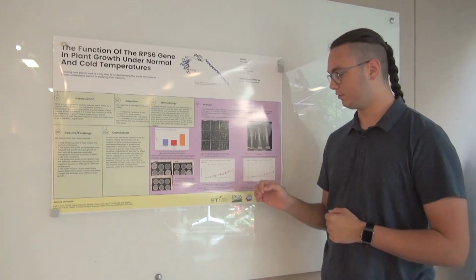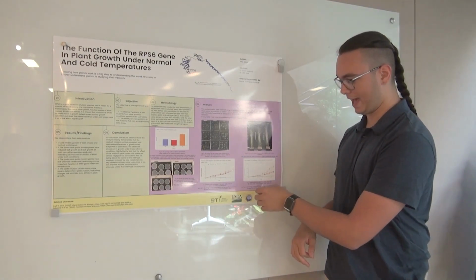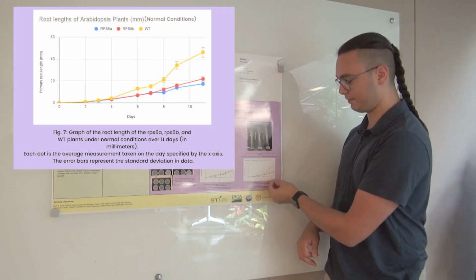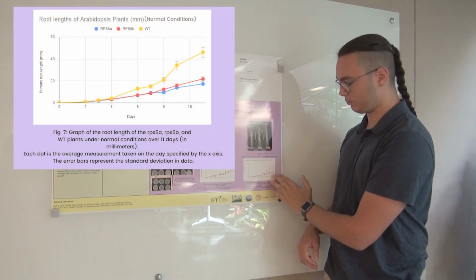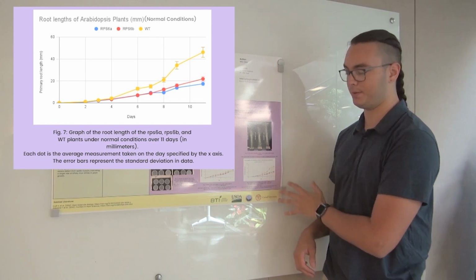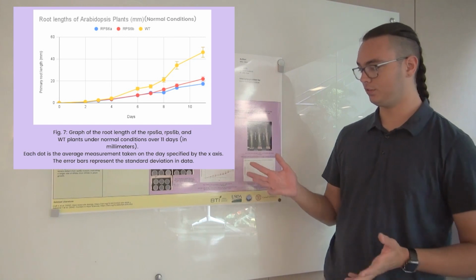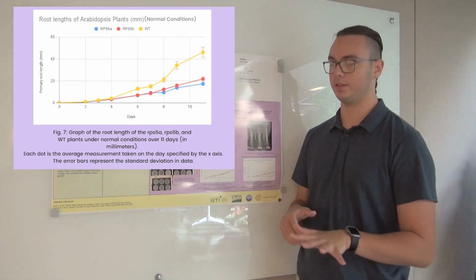With the root lengths, you can see that there is a significant gap between the wild type as well as the RPS6B. That is known, that's not new to this study.